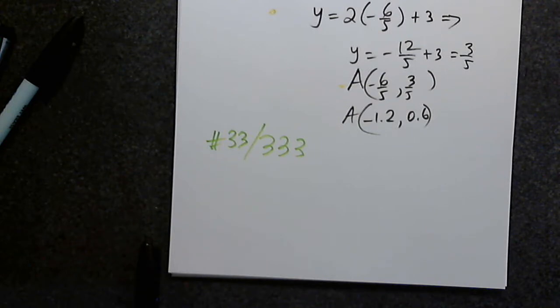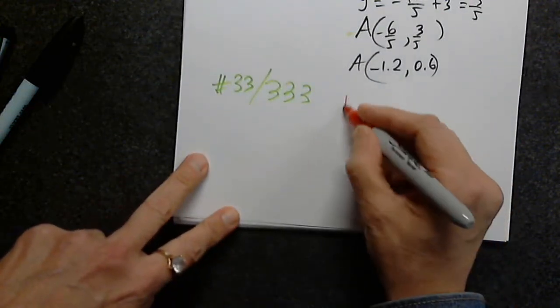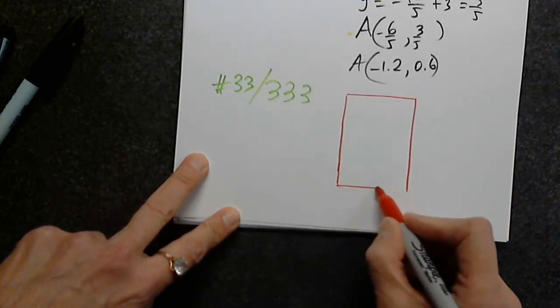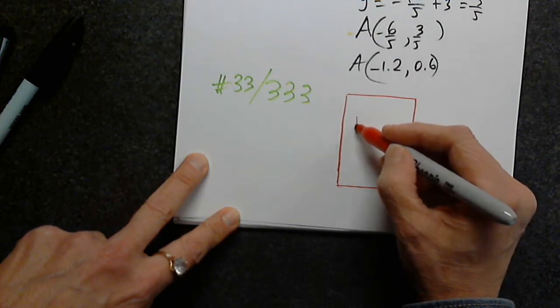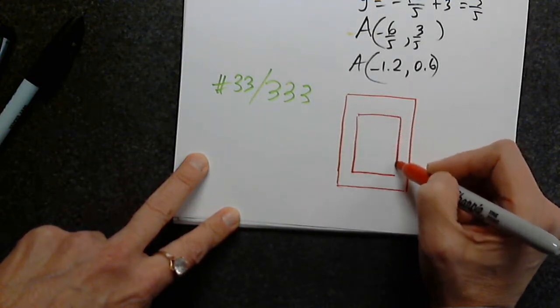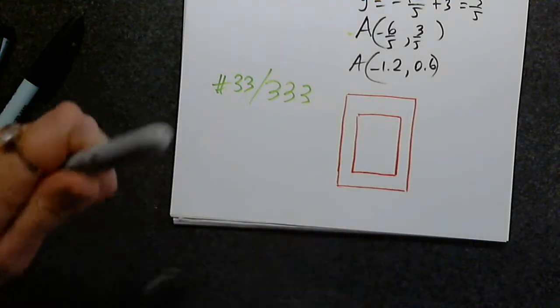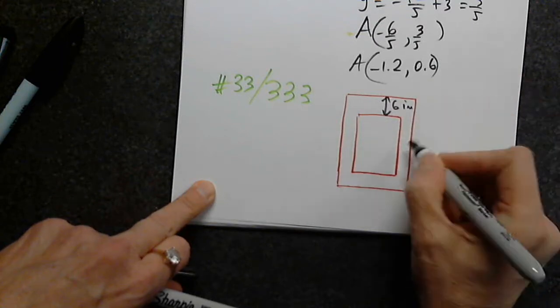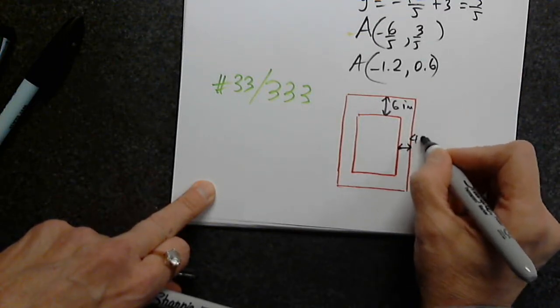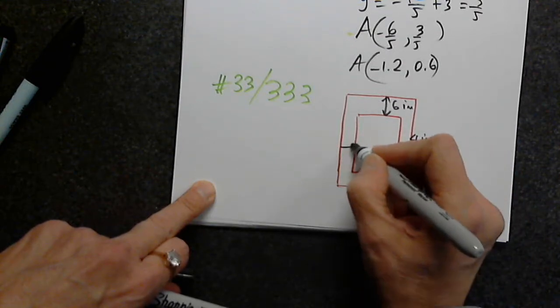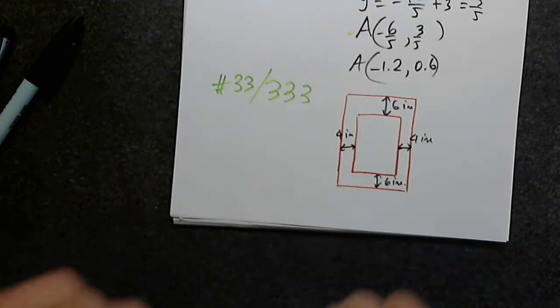So top and bottom 6 and side margin each 4, okay?